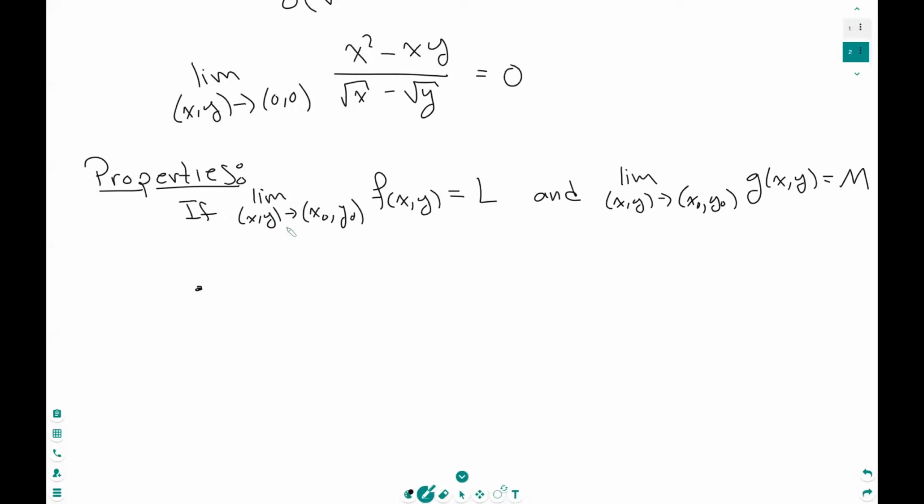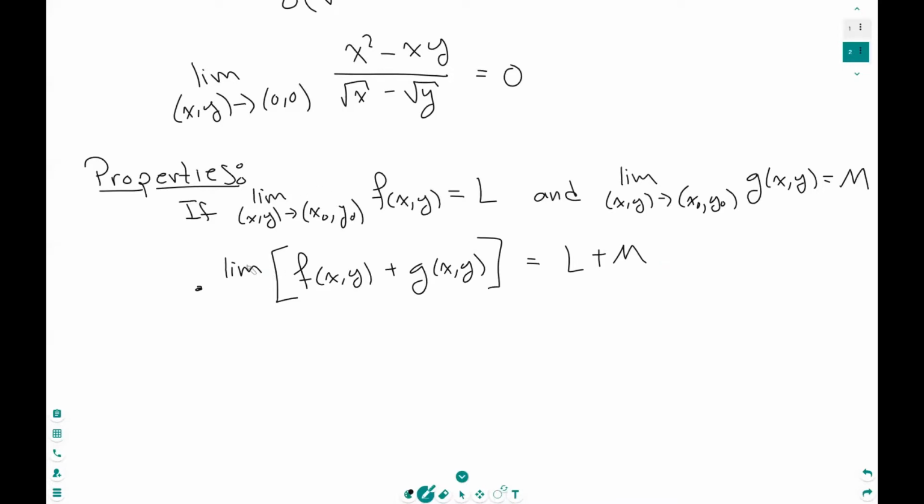And I'm going to leave out the whole business underneath the limit just to save a little bit of space and time. So we have here that the limit of f of x and y plus g of x and y is equal to L plus m.